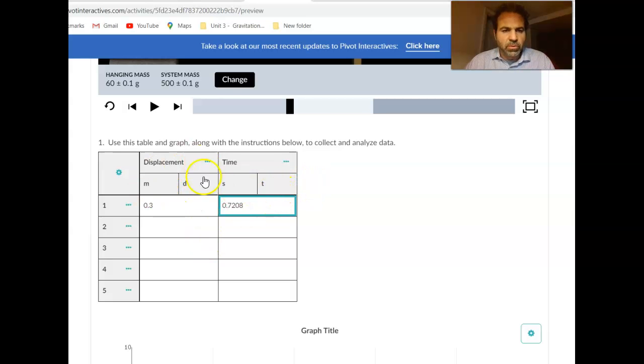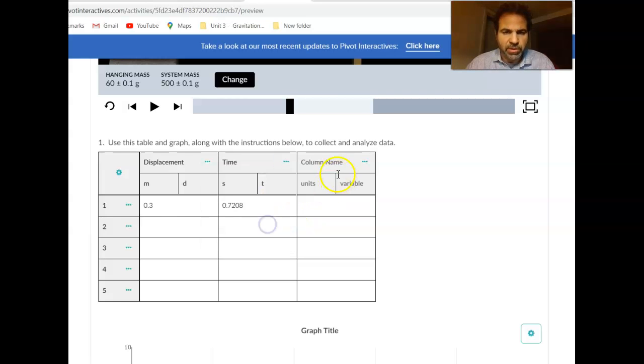Now, with the displacement and time, I can figure out the acceleration.